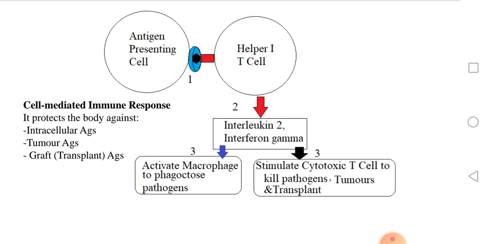Then look at the 3 on your right hand side. These cytokines stimulate the cytotoxic T cells to kill pathogens, tumor antigens, and transplant antigens, and especially also killing of the virally infected cells.